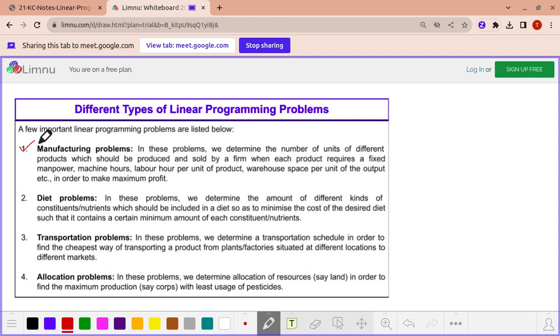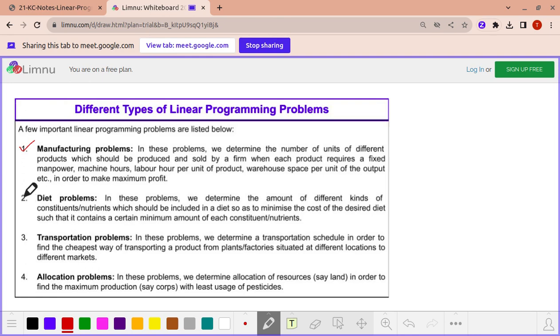So these are the constraints. What are the constraints? The manpower is a constraint, machine hour is a constraint, labor hour is a constraint, and also warehouse space is a constraint, and subject to those constraints we need to maximize our profit. So that is a problem related to manufacturing.